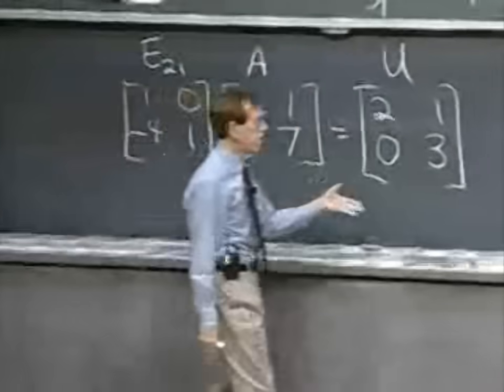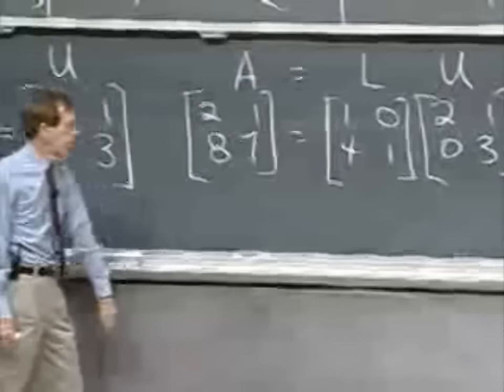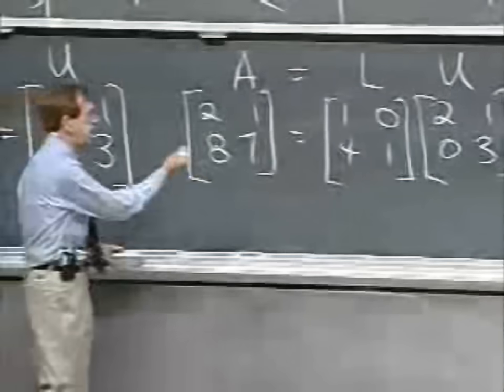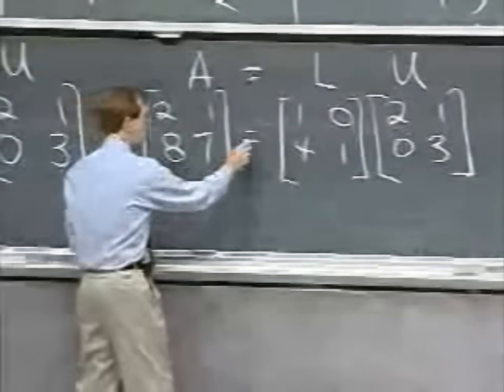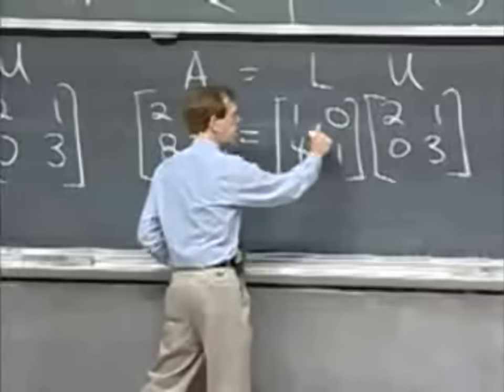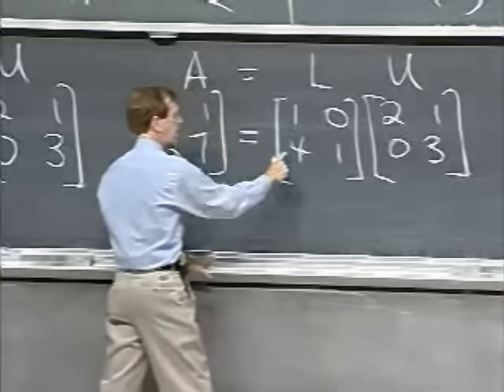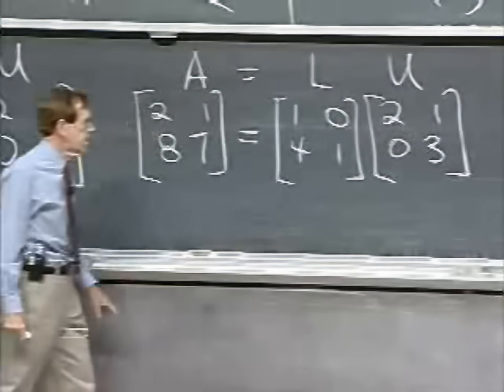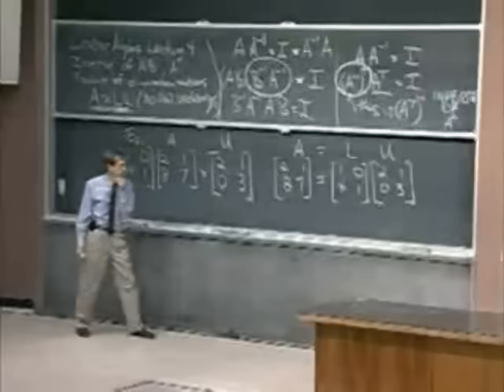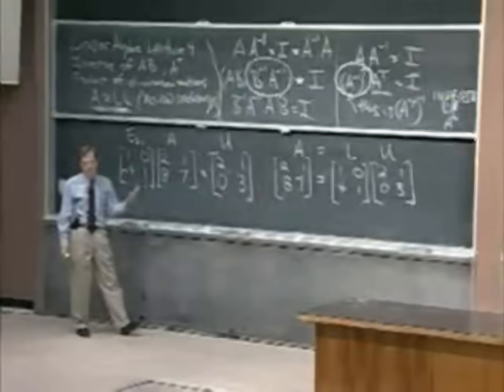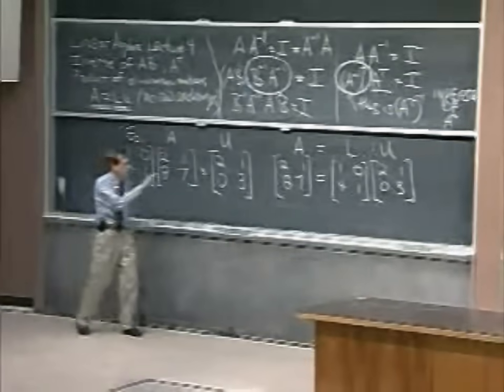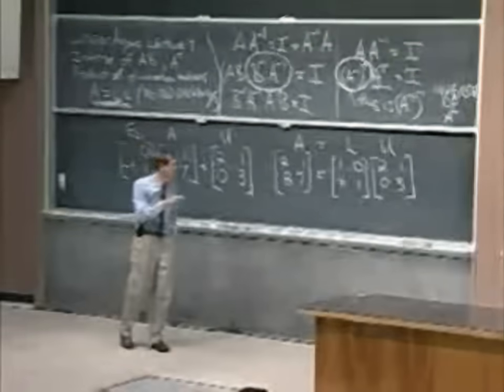So if we did the numbers right, this should be correct. And of course it is. That says the first row is right, and 4 times the first row plus the second row is 8, 7. Good. That's simple, 2 by 2. But it already shows the form that we're headed towards.